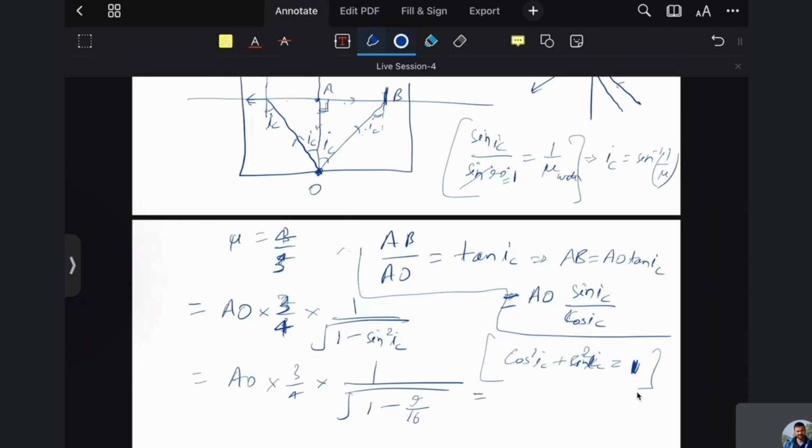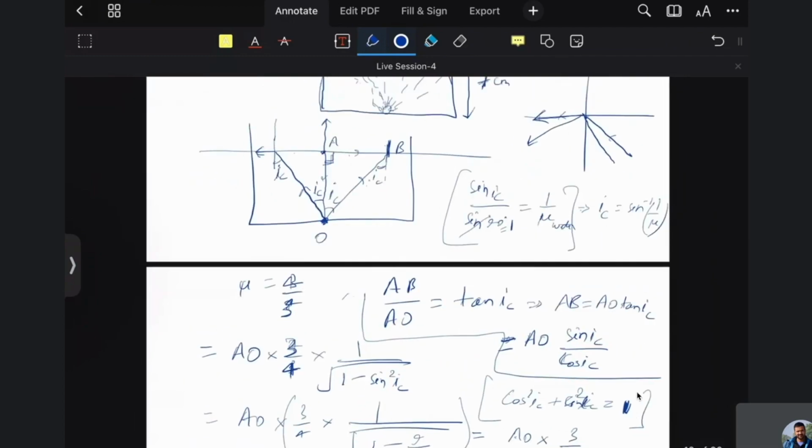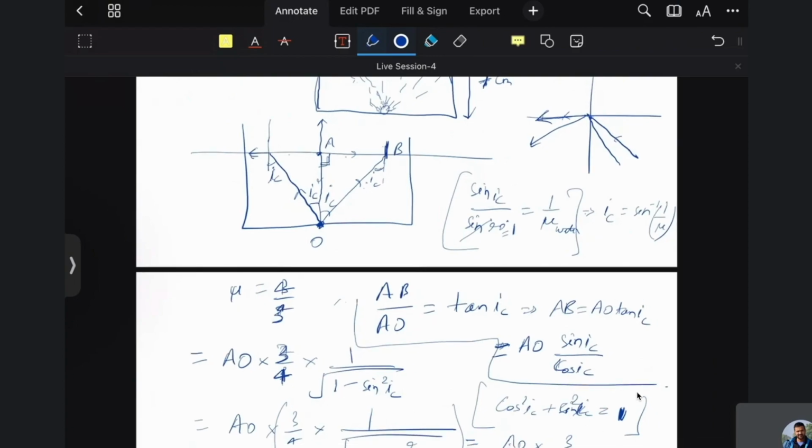If you calculate this, you will get the answer as 3 by root 7. So what is this distance AB, what is it really?